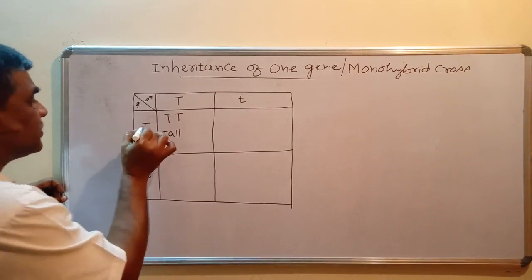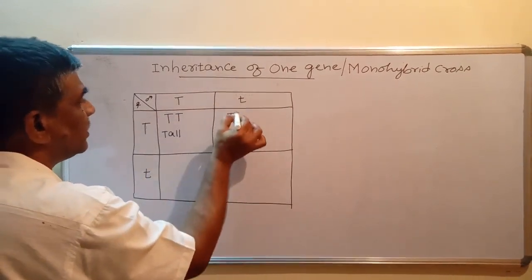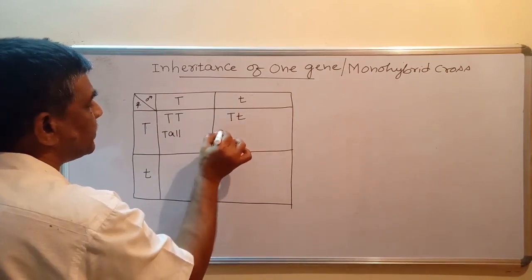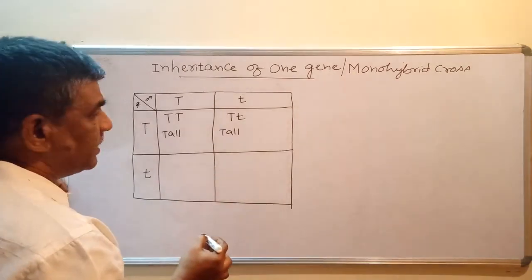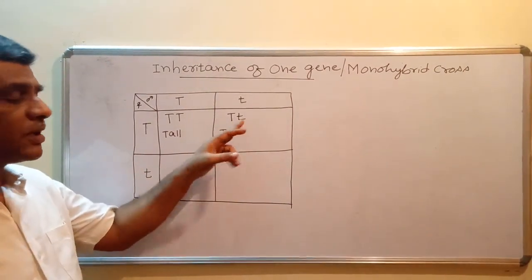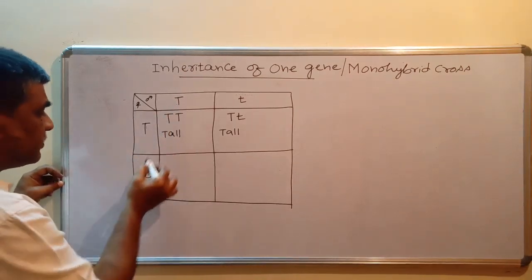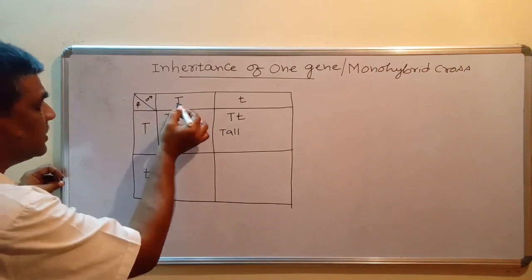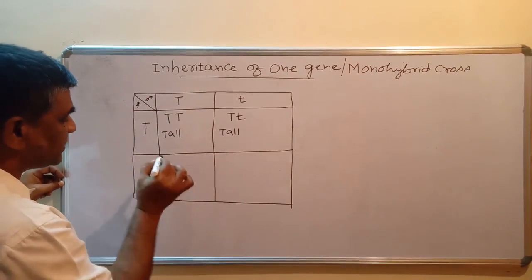Next, this capital T and this small t, I am writing in this box, capital T and small t, and this plant is also tall, but this is a hybrid tall plant since it carries one dominant characteristic and another one a recessive character. And the next one is small t with capital T, but we have to take the capital letter first, capital T, small t.